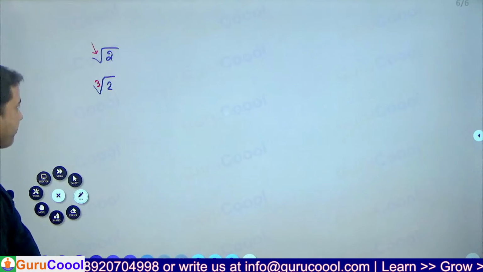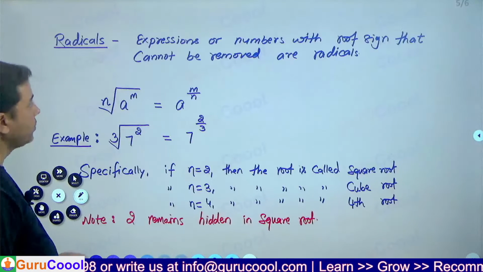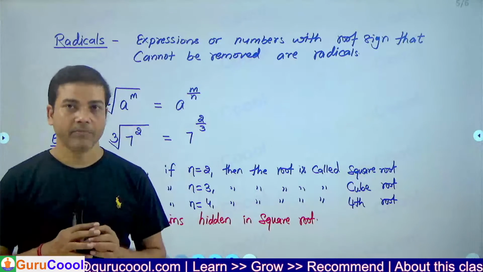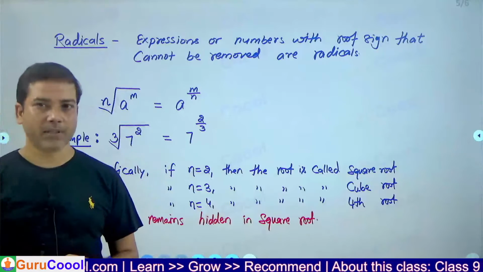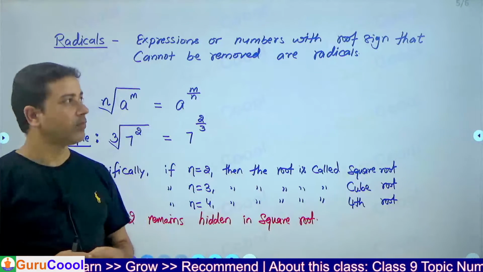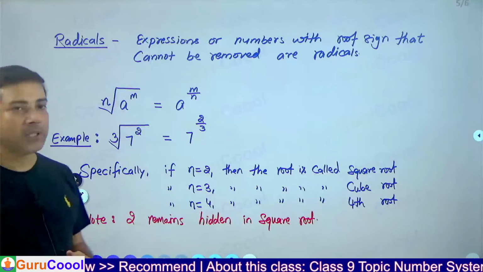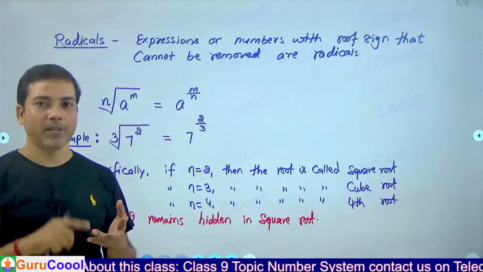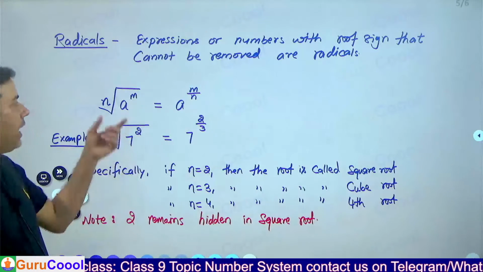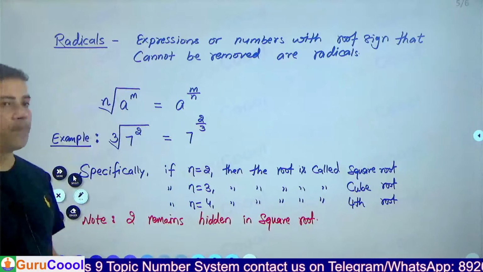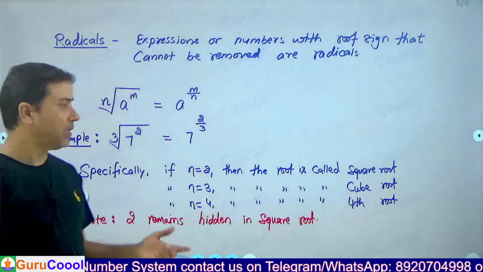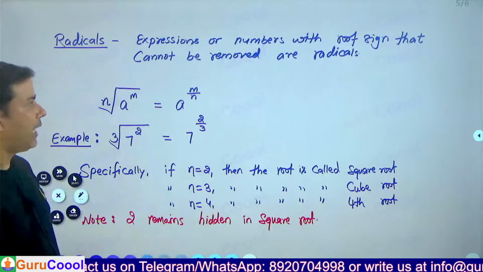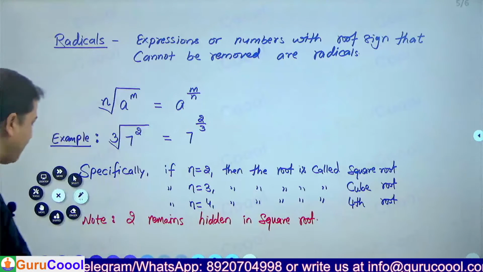Okay. So now the next thing we are going to discuss is how to operate on such irrational numbers, radicals I mean. How to operate means mathematical operations I am talking about: addition, subtraction, multiplication and division. So if we have many radicals, especially with the same n value, how to add, subtract, multiply and divide.